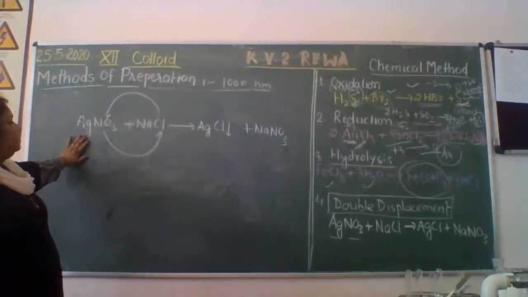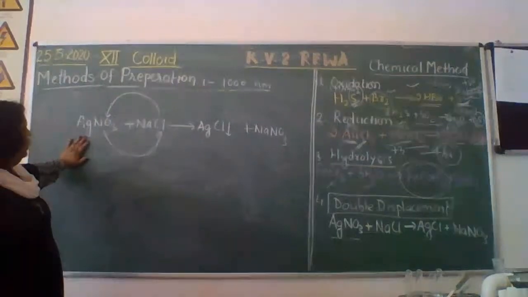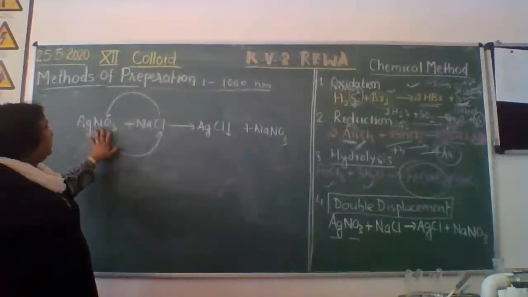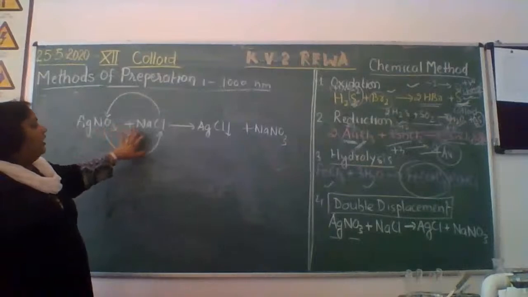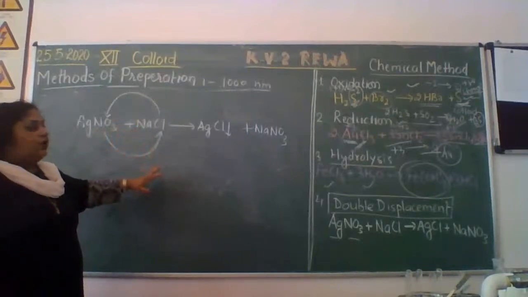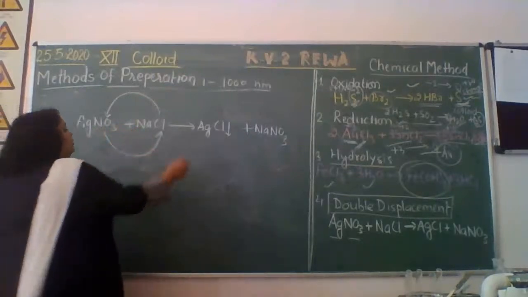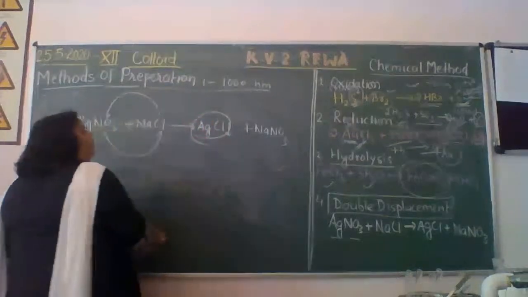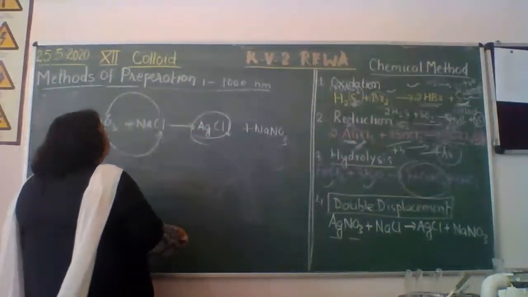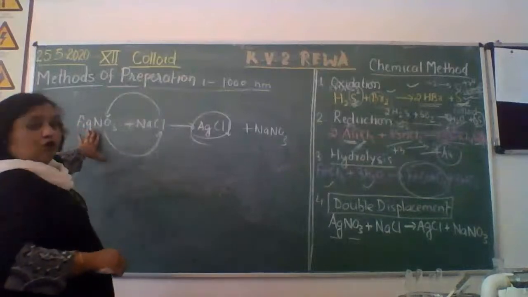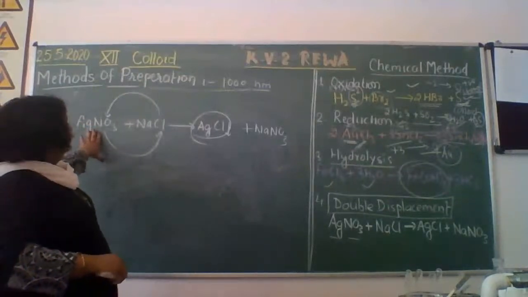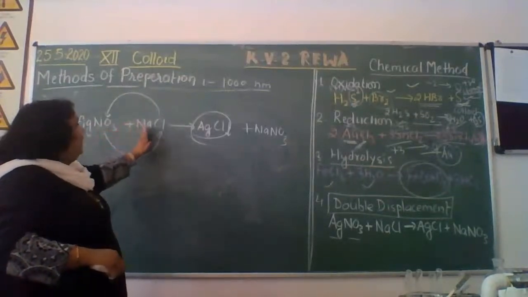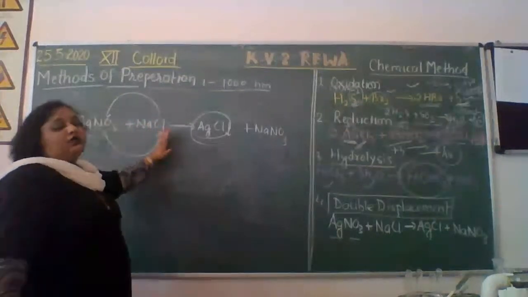I want to prepare the colloid of AgCl, and for this purpose I have taken the solution of silver nitrate and treated it with sodium chloride. Now I got the colloid of AgCl. This has also dissociated, and NaCl has also dissociated.